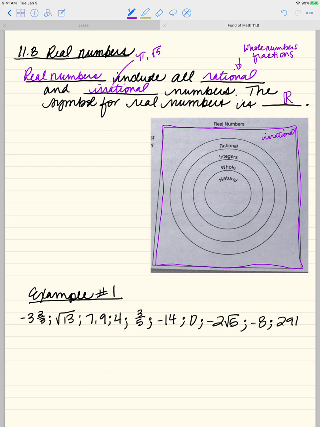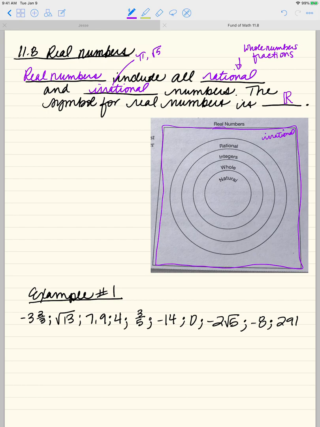Example number 1 says place each number at the appropriate place on the diagram given. We want to be as specific as possible with these numbers. So -3 2/3. What is that? Is that a rational number, an irrational number, an integer, a whole number, or a natural number?